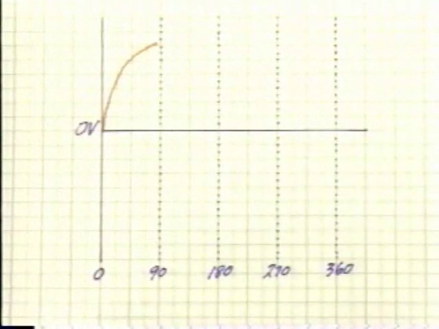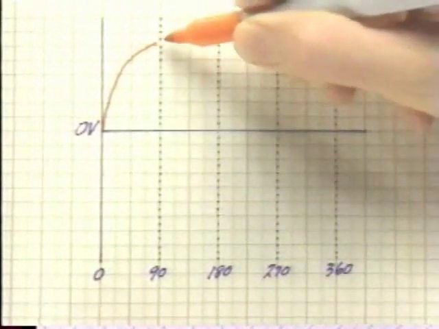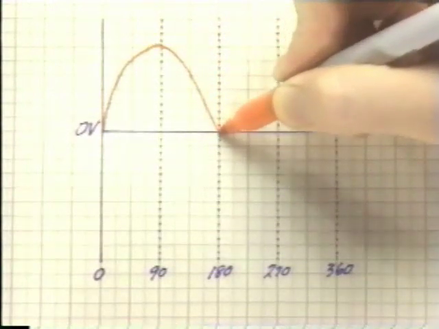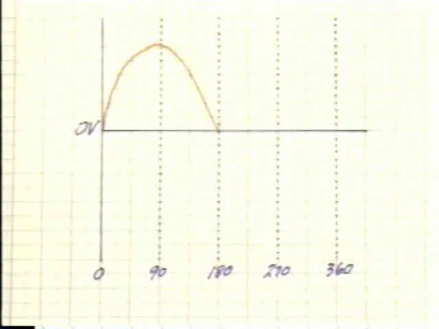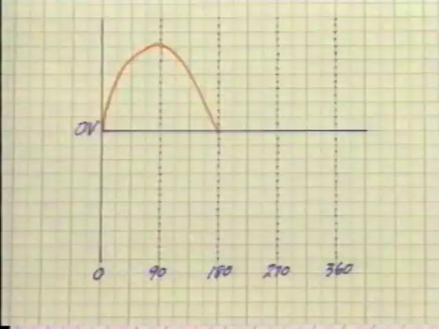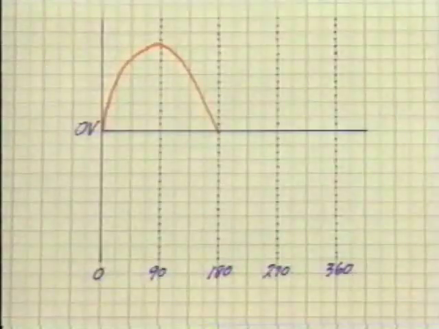At this point, entering the second quarter cycle between 90 and 180 degrees, the magnitude of the AC source begins to drop off. Since the capacitor and source are in parallel, the voltage across both must be the same. This means that the capacitor must discharge to reduce its voltage during the second quarter cycle. At 180 degrees, the voltage will be 0 and the capacitor will have fully discharged.